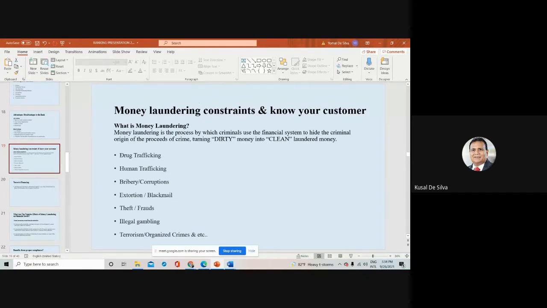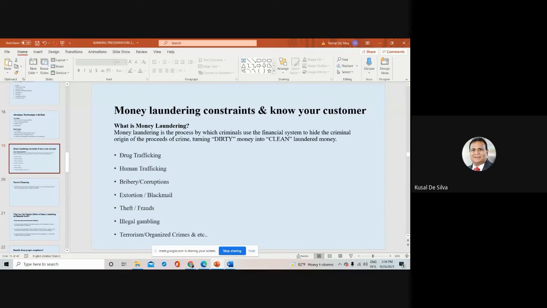So how do people use money laundering? A lot of people are making money using drug trafficking. So they use all illegal channels for this drug trafficking. Then human trafficking. A lot of people are taken to different countries by illegal means, not through the normal legal channel. This is called human trafficking.